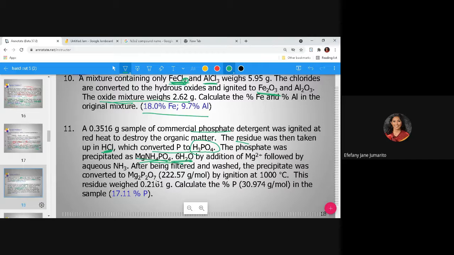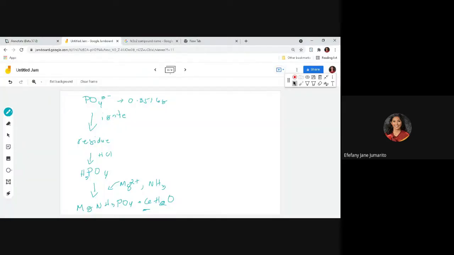After that, you filter, then you wash, then the precipitate was converted. In the methods of gravimetry, you wash, then you filter.